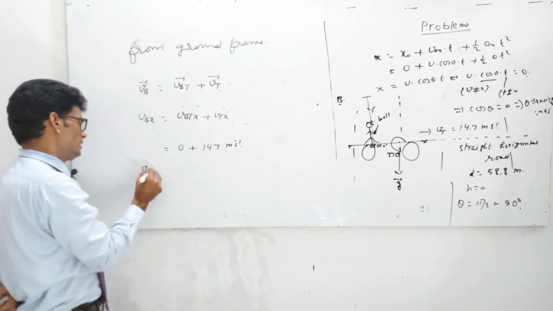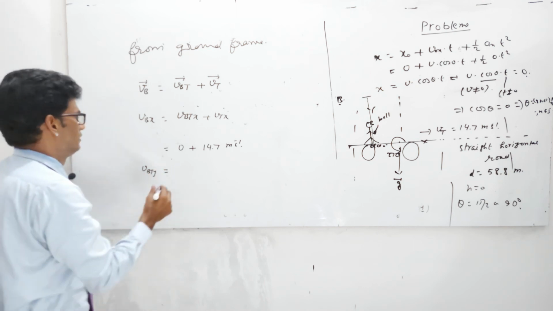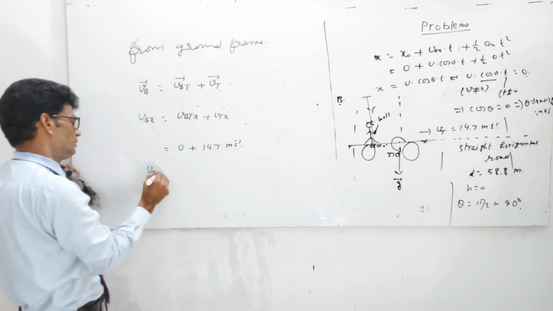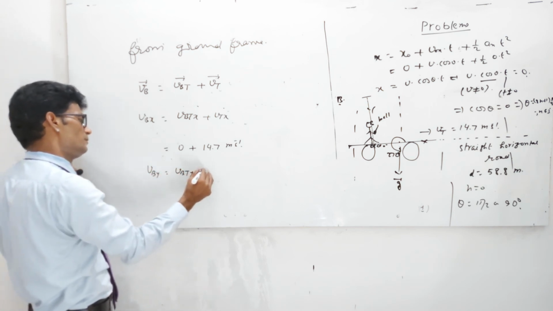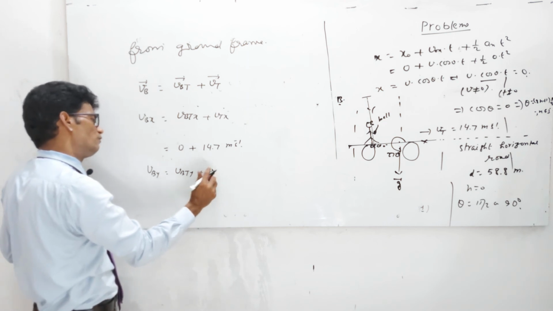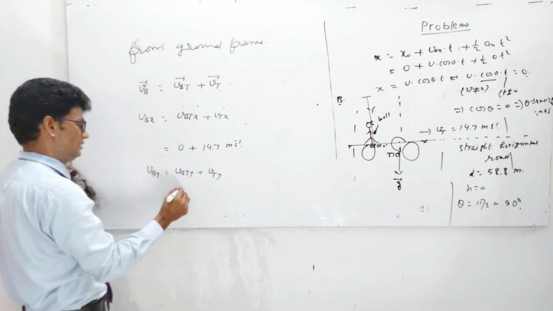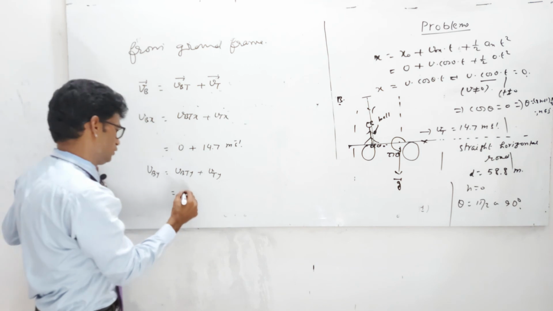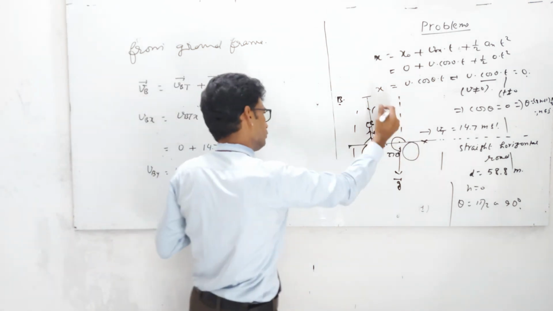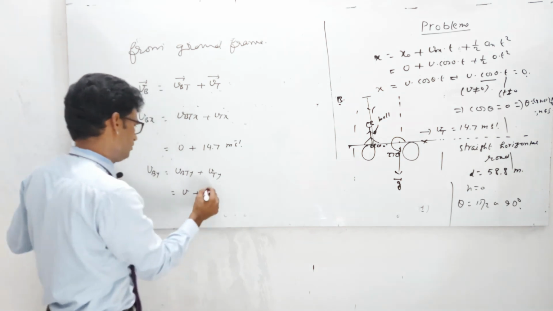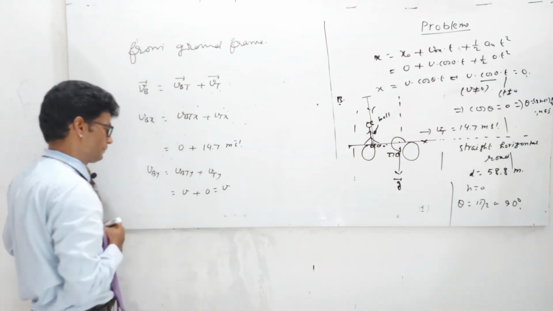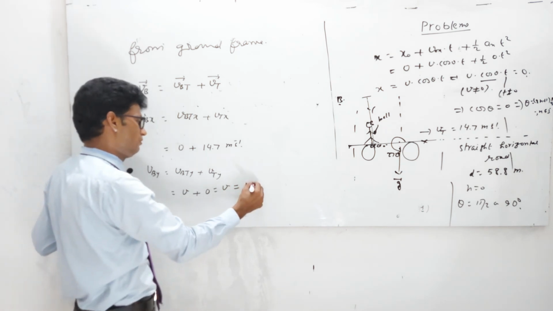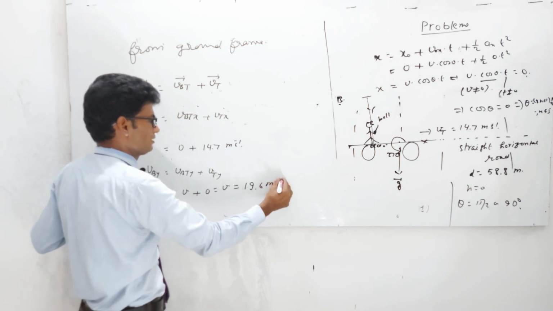Now what is vby? It is vbty plus vty, the y component of velocity of ball with respect to truck. So it is going up, this is v and the truck is going horizontal, so cos 90 comes out to be 0. So vby is v, which we have found right now as 19.6 meter per second.